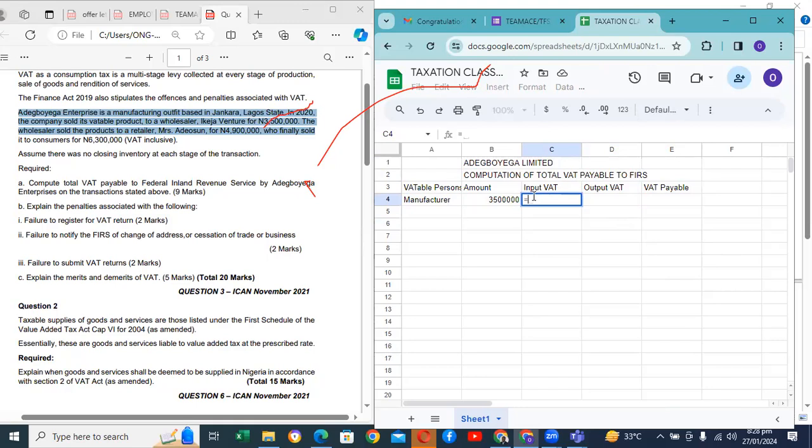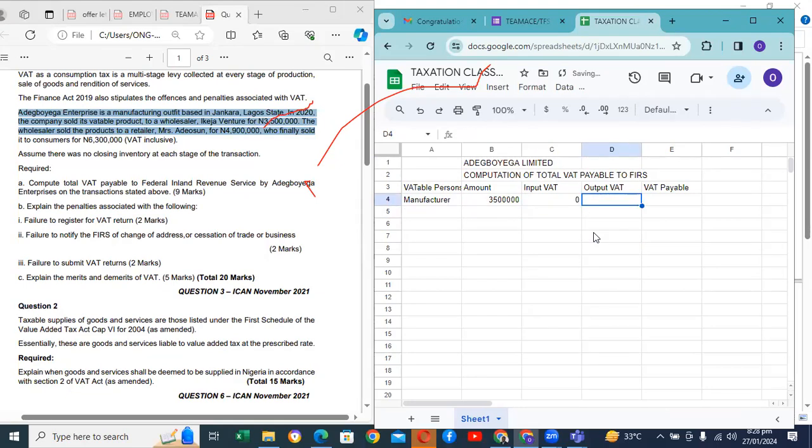But we said input is on purchases, right? Did the manufacturer purchase anything? No. So we are multiplying it by 0, so we have 0.